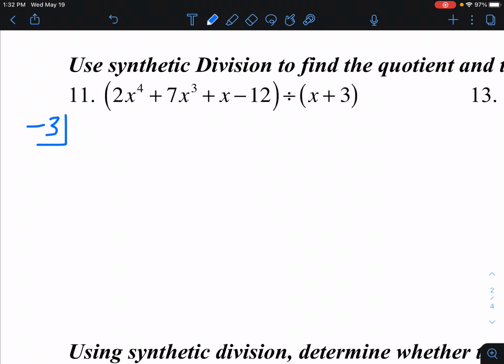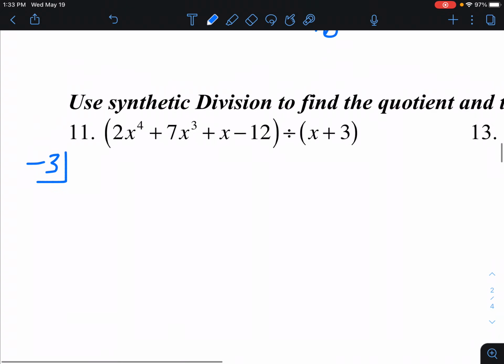Because if we were checking whether x plus 3 gives a root of 0 on a graph, we would be checking the x-axis at -3. So whenever you have a binomial x plus or minus a number, you put the number with the opposite sign, for synthetic division only.